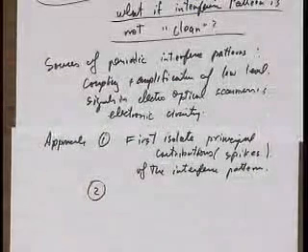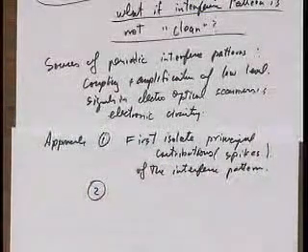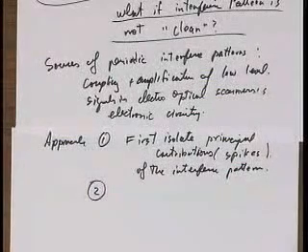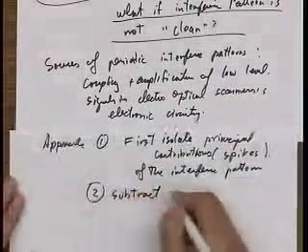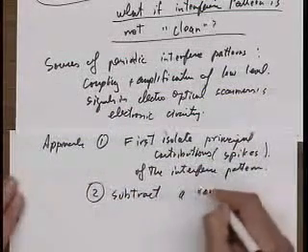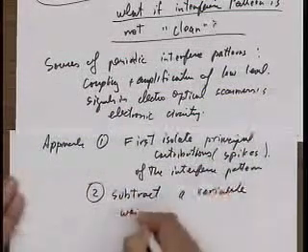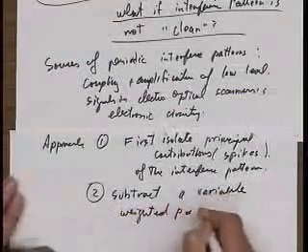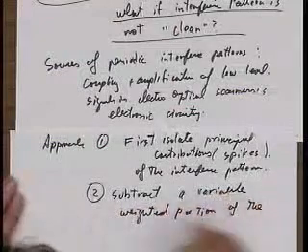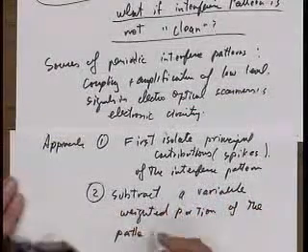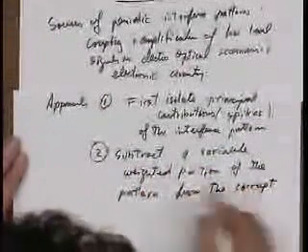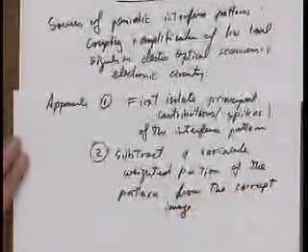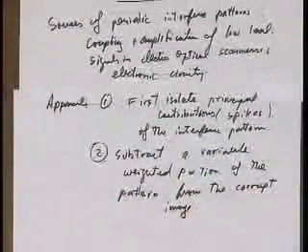So in the first step, we might not have removed all the periodic interference that we could have. The second step is we subtract a variable weighted portion of the pattern from the corrupted imagery. In the process of doing so, we try to optimize something.